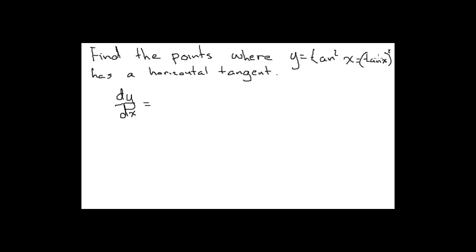So the outside function here is the squared. So 2 comes down, tan x, with the power of just 1 because the power drops by 1, times the derivative of the inside, which is sec squared x, because that's how we frame the rule.